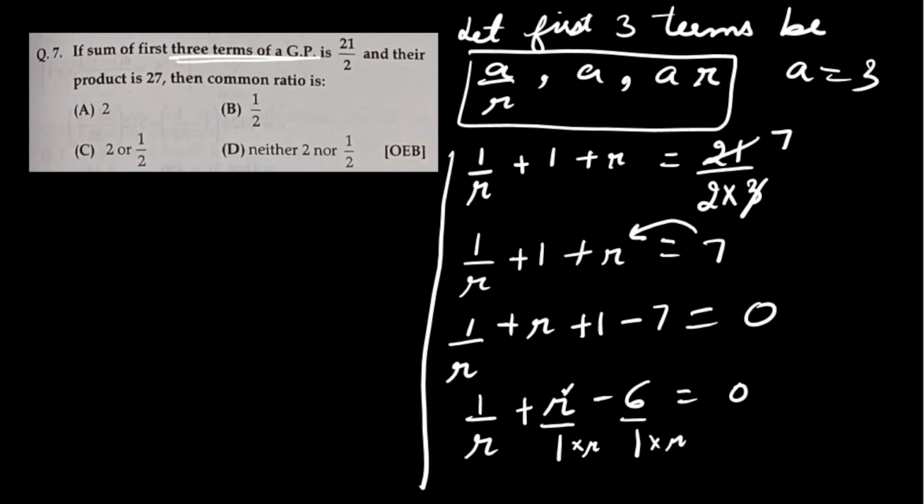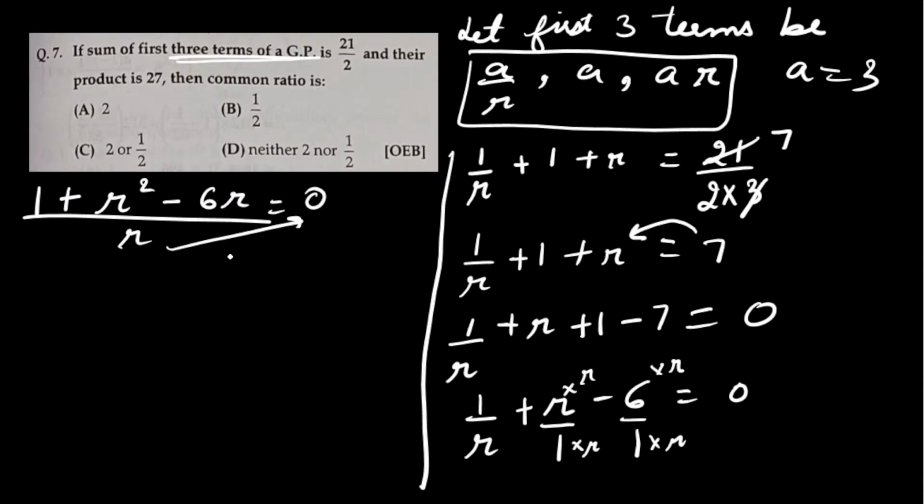If we multiply denominator with r, we have to multiply numerator also with r. So here we have to make denominator same, then only we can add the fractions. Whenever fractions we have to add, this concept to be followed. So what I have now, 1 plus r into r square minus 6r by r is equals to 0.